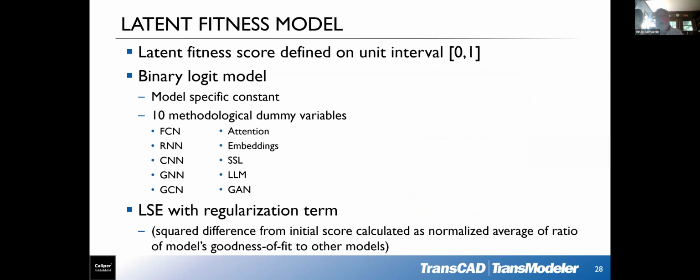This latent fitness metric we defined on the unit interval, like an R squared. Our model is just a simple binary logit for that interval. We had 10 methodological dummy variables, and we just did simple least squared errors with a little regularization term.